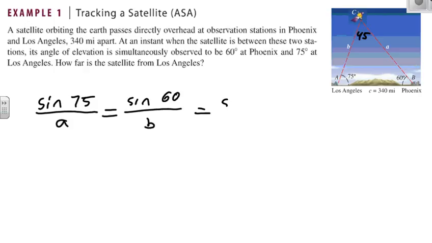So we can set that equal to the sine of 45 over C, but C is 340.